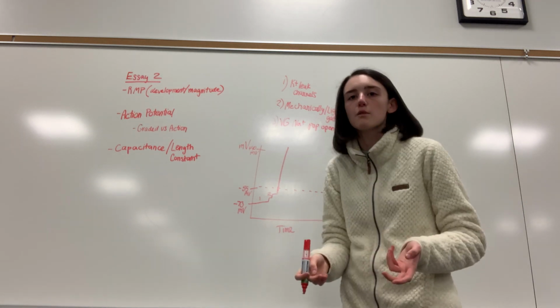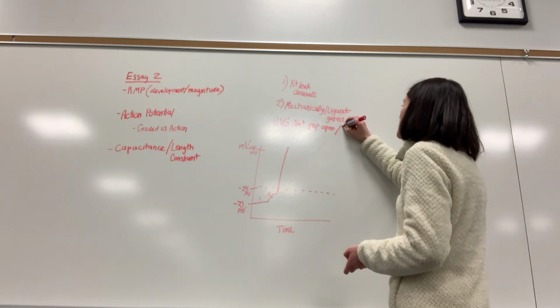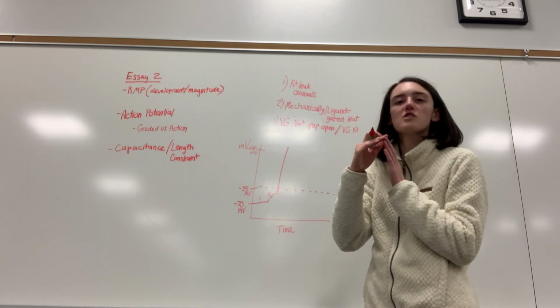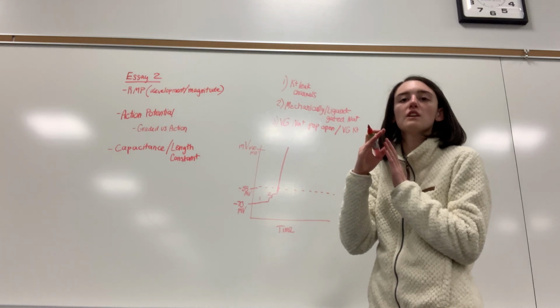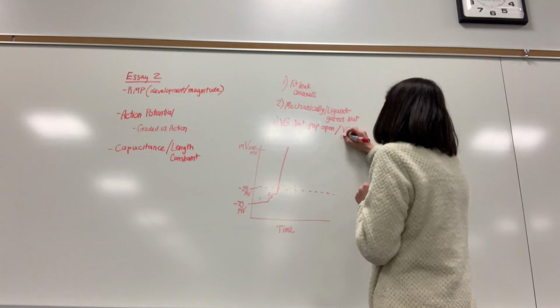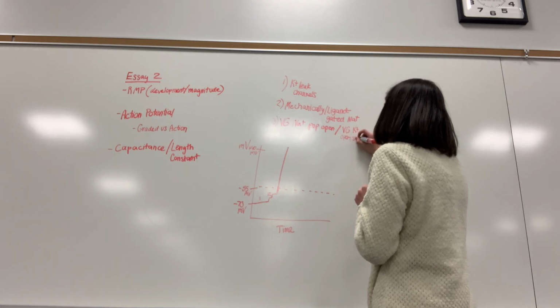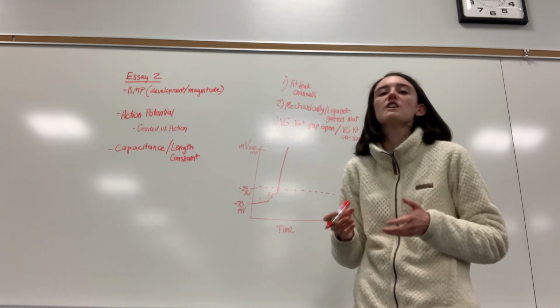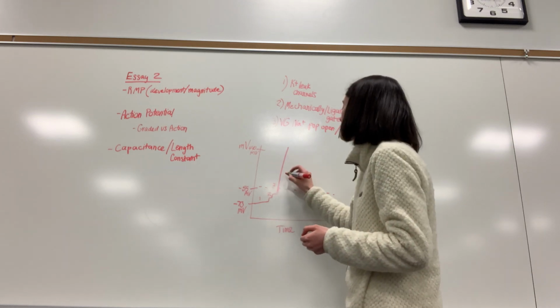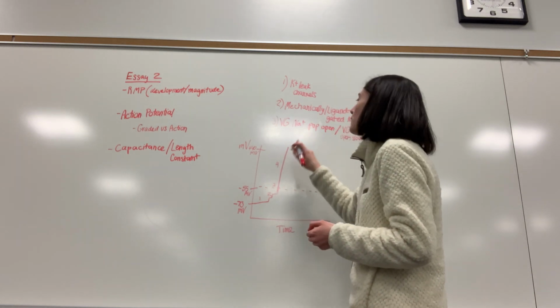At the same time, though, potassium voltage-gated channels are going to just slightly open, kind of like a creaking door, very slowly. So they don't really have a huge influence on the cell yet. And we can represent that as stages 3 and 4.